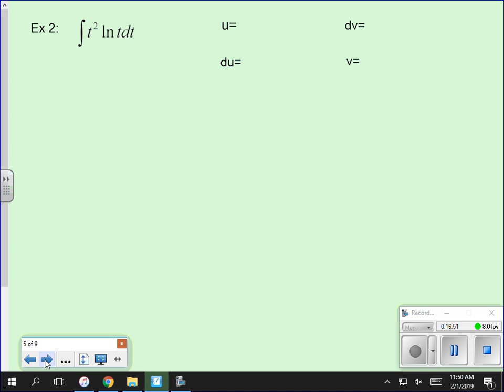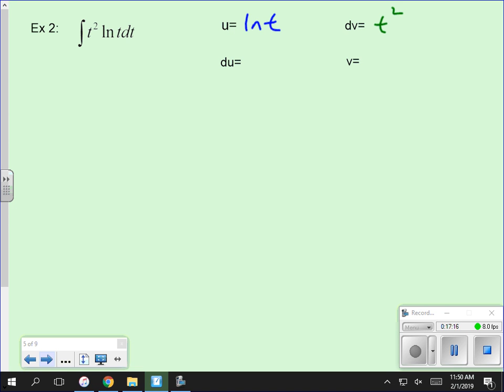Okay, what's your U? Logarithms. It's the L. Let it be the logarithm. So then your dV would be t squared. Okay.